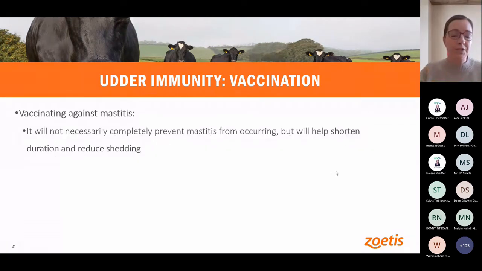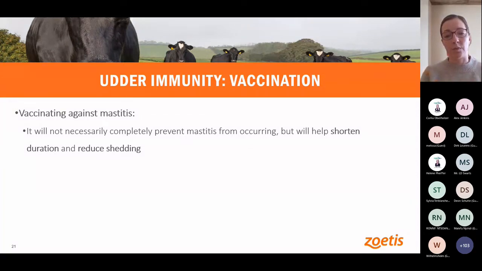All right, so vaccination against mastitis. There's still a lot that we don't know about the immunity in the udder. So it's not necessarily going to completely prevent mastitis from occurring. But with most vaccines, it will help shorten the duration of that infection. In other words, it will limit the udder damage and also reduce shedding.